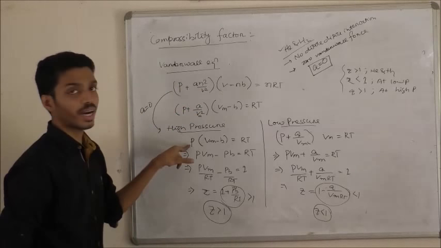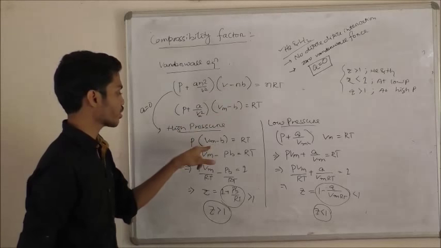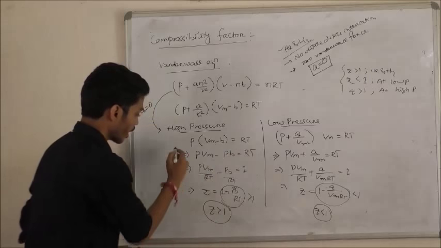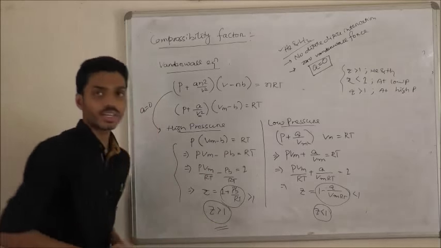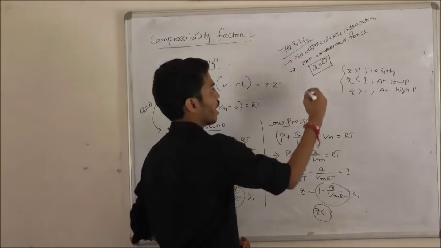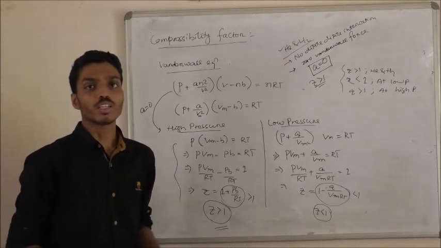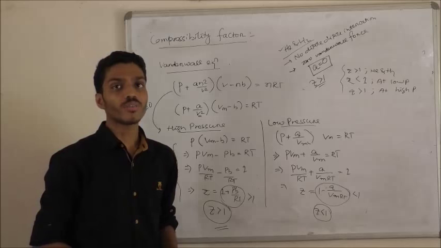Again, we can write this with Vm − nb, and if we solve it, we get Z greater than 1. So for helium and hydrogen, Z is greater than 1. So students, this was all about compressibility factor.